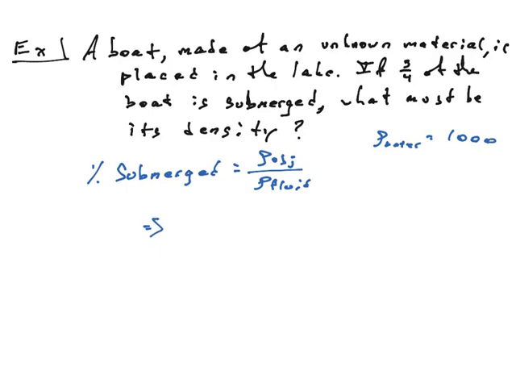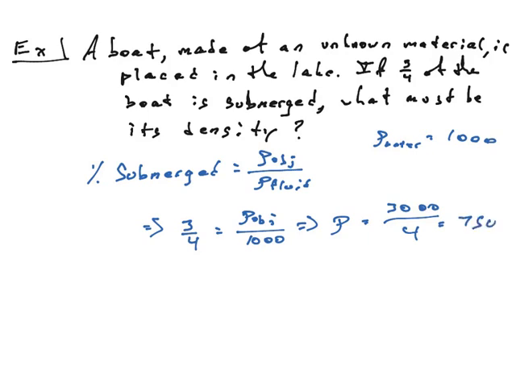So I say, how much of my boat is submerged? 3/4 of it. So 3/4, that's the same as 0.75, 75%. 3/4 of the boat is submerged equals the density of the object, the thing I'm trying to find, over the density of the fluid, which is 1,000. So I just solved this for rho. Rho is equal to 3,000 over 4, and you get 750.